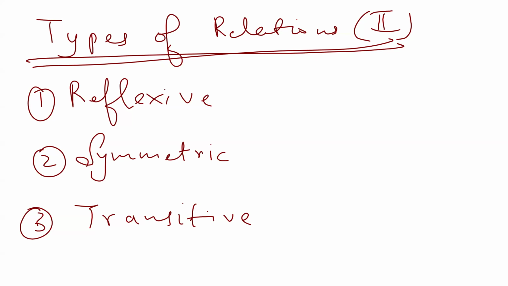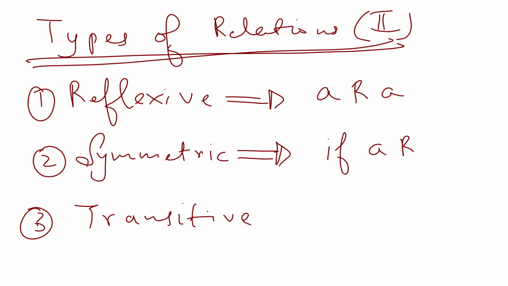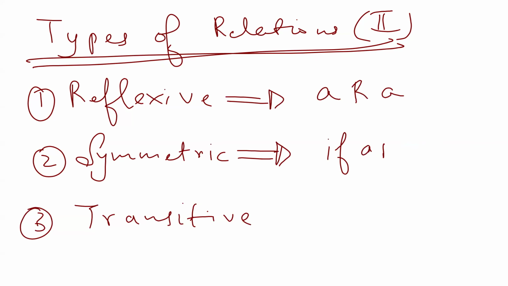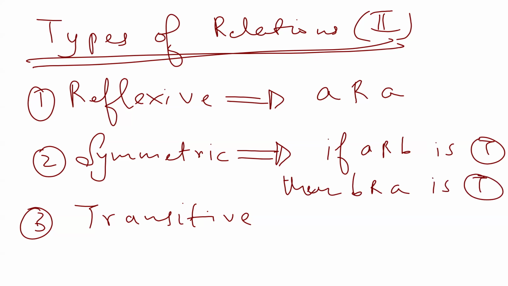Now reflexive specifies A relates with itself, where A is an object in the set. Currently, you'll not understand this, just copy this. A relates to itself. Symmetric specifies if A relates to B is true, then the reverse, B relates to A, is also true.